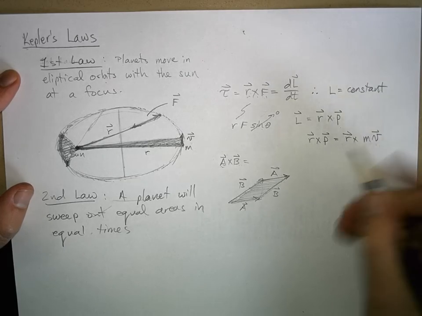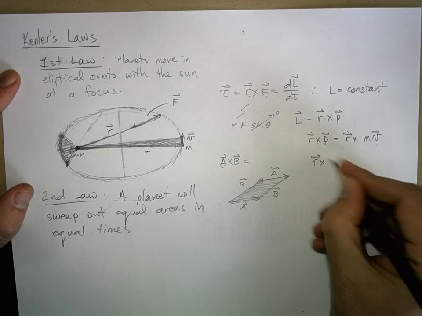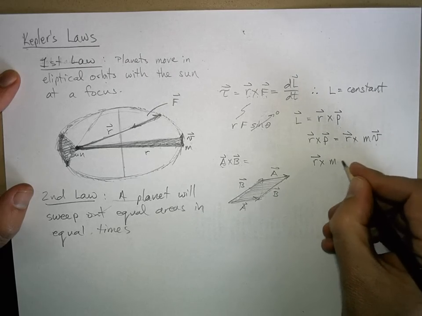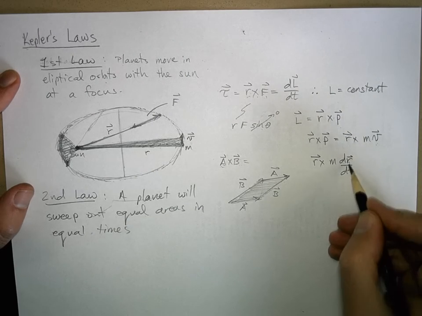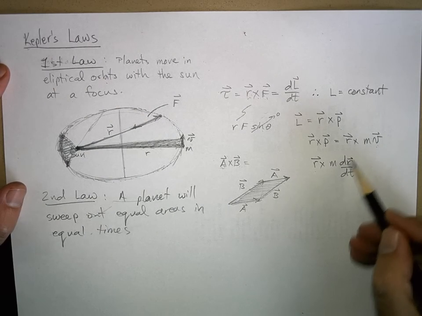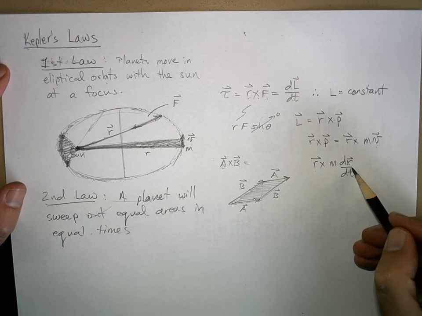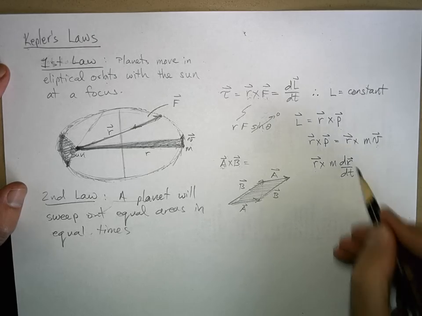Okay. Well, let's expand this out a little bit. r cross m, and what is v? v is dr/dt, right? The rate at which I change my position. This is my position from the sun. This is the rate at which I'm changing my position. And I want to look at the cross product between r and dr.